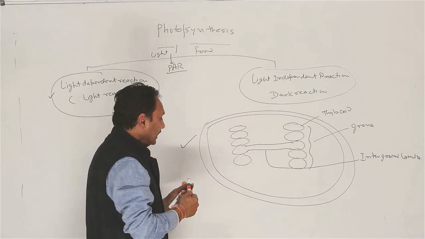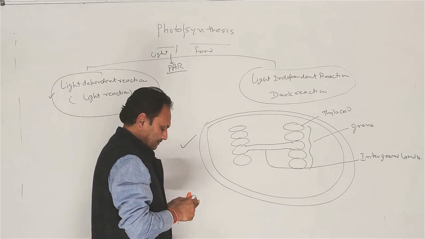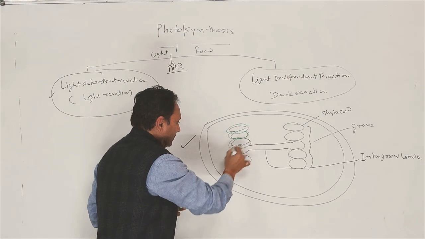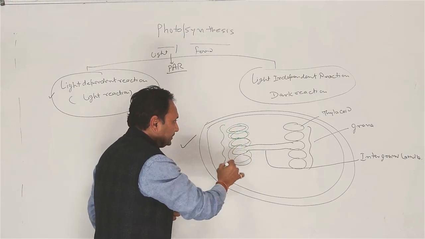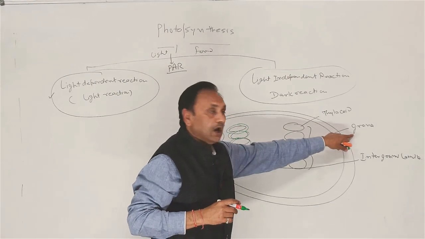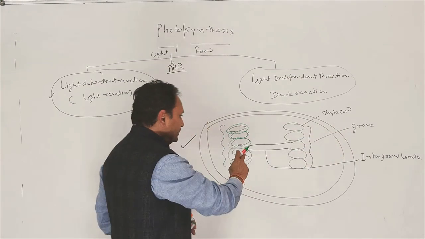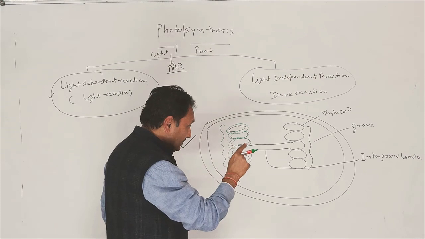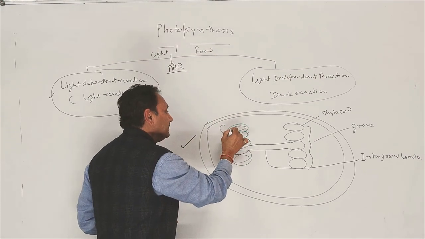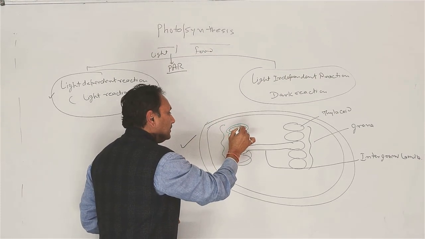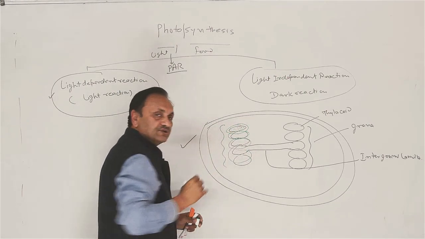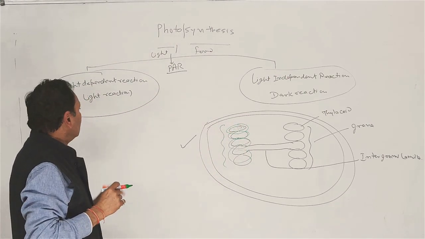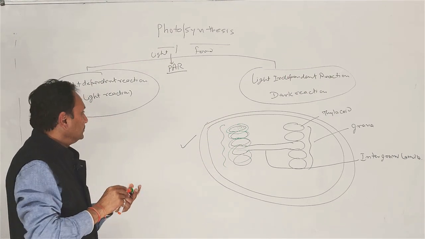This is called thylakoid, and the whole stack of thylakoids is called grana, which is connected together by intergranal lamella. And this thylakoid has these pigments. These pigments are mainly responsible for the photosynthetic reactions.